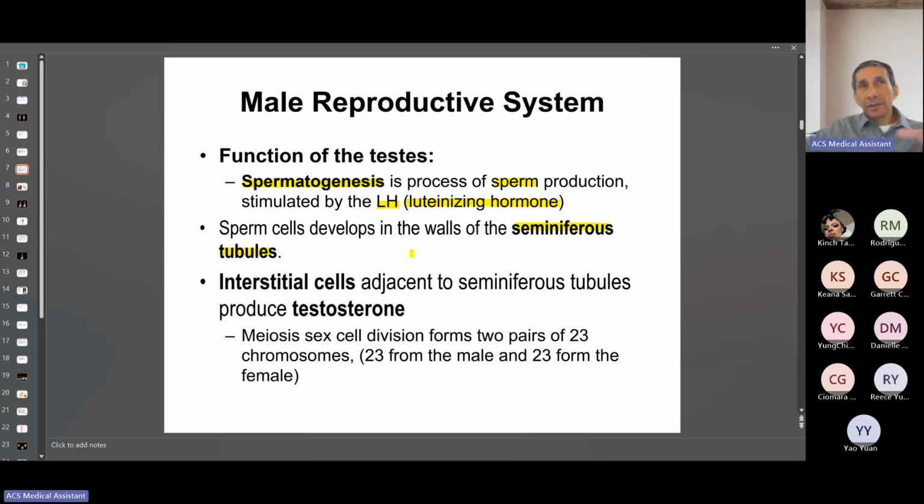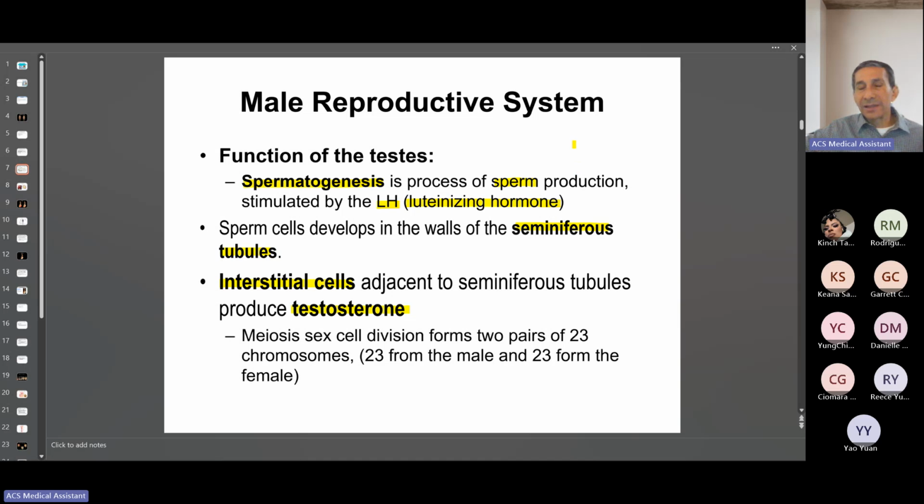Now, right adjacent to the seminiferous tubules, we have something called interstitial cells. Interstitial means inside the testicles, but next to the seminiferous tubules. I will show you within the diagram the seminiferous tubules, where sperm is produced, and the interstitial cells, where testosterone is produced.